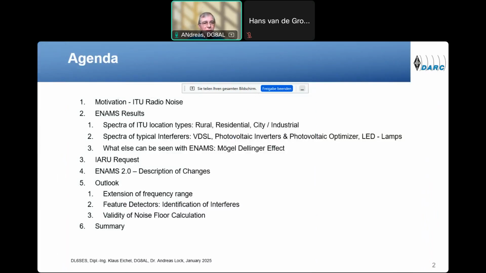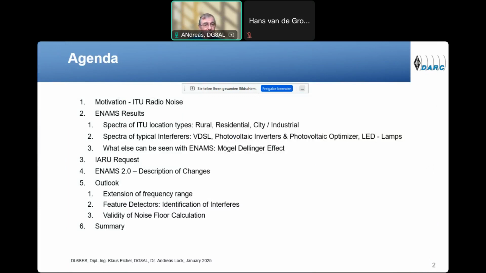So this is the agenda. I shortly will touch the motivation. So ITU is dealing with radio noise since a long time. So I show some results for different ITU locations, but also for different kind of interferers. And we see also some nice effects also with ENAMS, like Mögel-Dellinger.